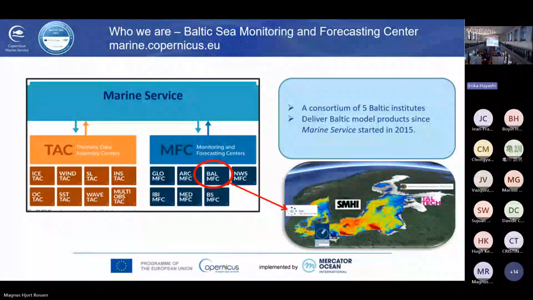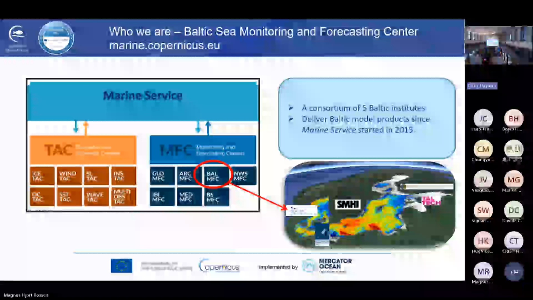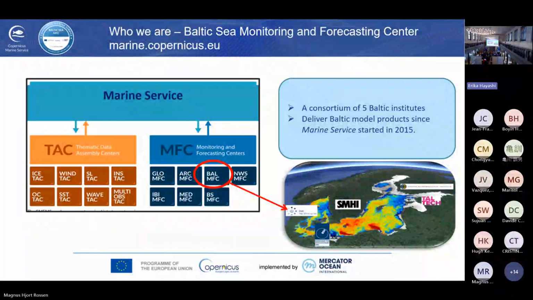For example, Arctic is run in Norway. Northwest Shelf is run in UK. Now it's moving to Germany. And by coincidence, we were chosen to run the Baltic Sea. That was fortunate. So we are developing.